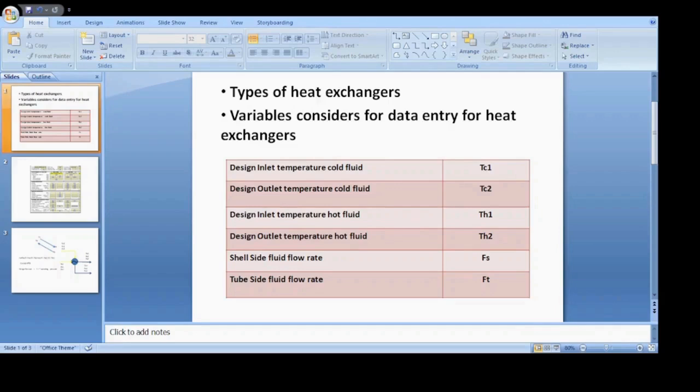And if we have the details of the pitch, clearance and all the things, that also we can enter if it is available in the data sheet. So next let's see the data sheet for the heat exchanger.